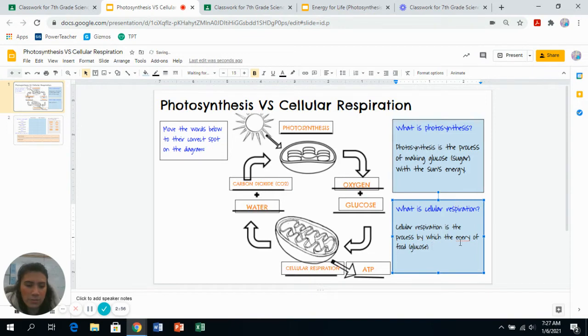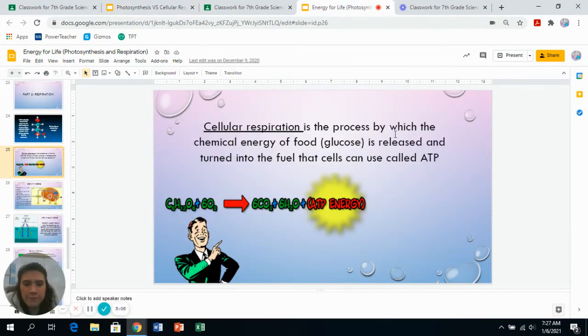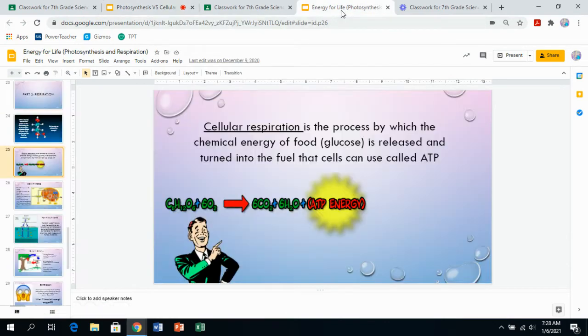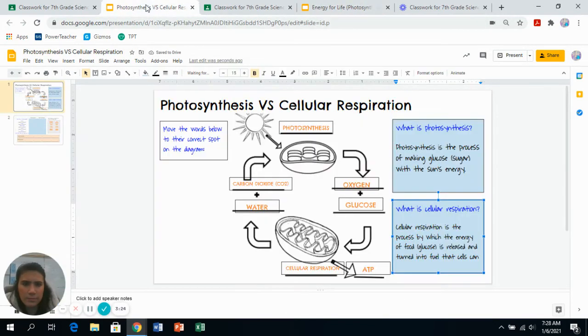So that energy that goes into that plant to create that glucose is released and turned into fuel that cells can use, called ATP.